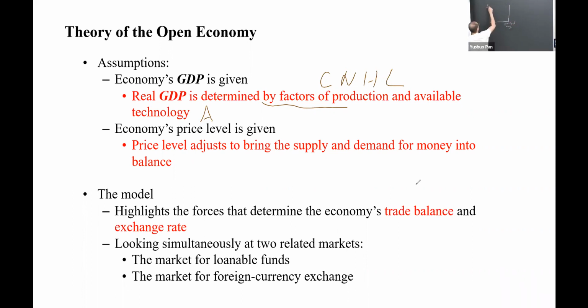This is Y over P, the value of money, and the right side is the price level. The value of money increases from the bottom to the top, but the price level increases from the top to the bottom.